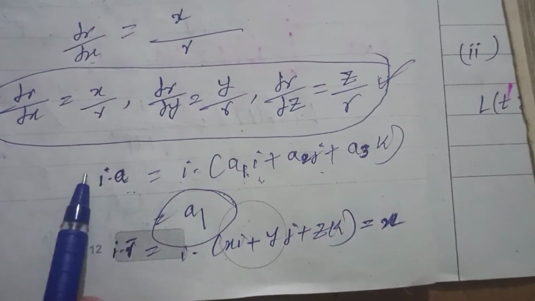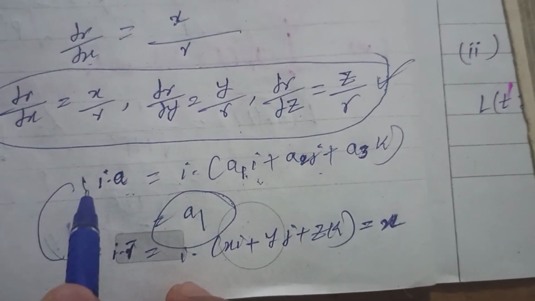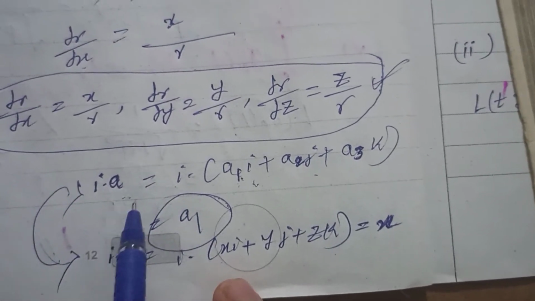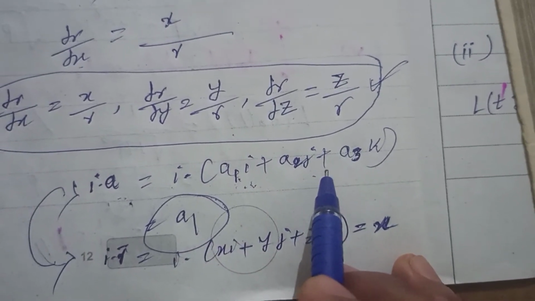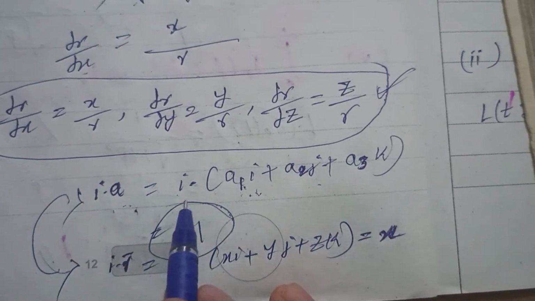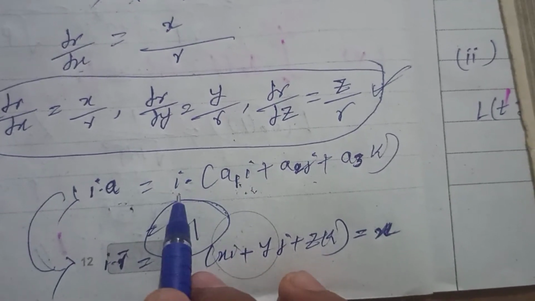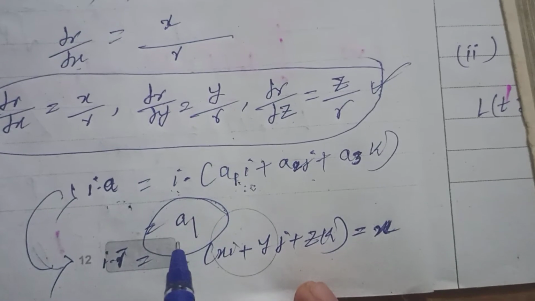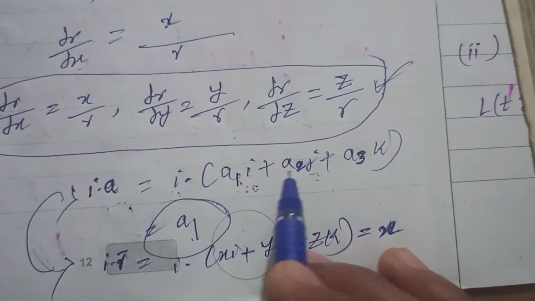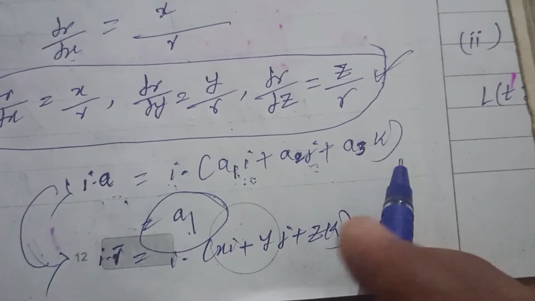These are the things we are going to use in proving this theorem. i dot a means i dot (a1 i plus a2 j plus a3 k). Here i dot i will become 1, so 1 into a1, a1 only. For these two, you know very well, i dot j and i dot k will become 0.